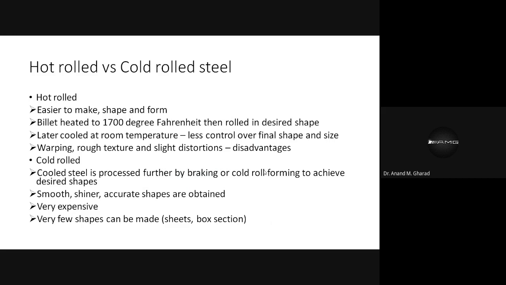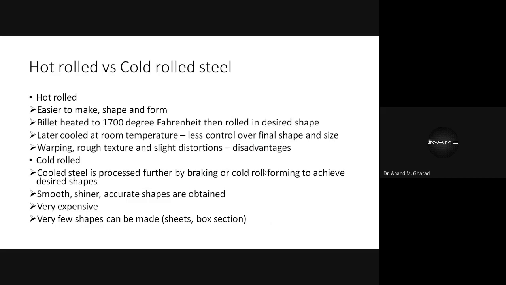If we talk about hot rolled section, it is easier to make, easy to give shape and form. Billets are actually heated at 1700 Fahrenheit, and then later on they are rolled in desired shape. Further, they are cooled at room temperature, and because of this variation, there is less control over final shape and size.